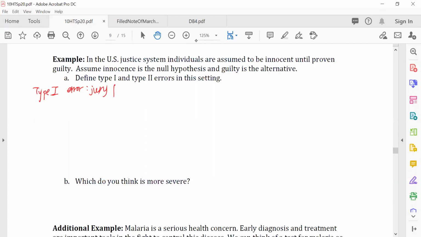That means the jury finds the defendant guilty when in fact they are innocent.